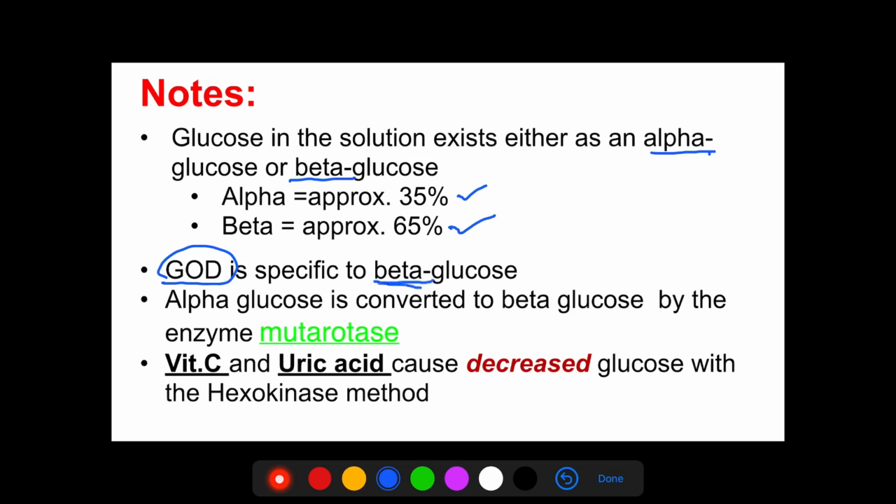Another one, alpha glucose is converted to beta glucose by an enzyme known as mutarotase. And for the hexokinase method, we just have to avoid vitamin C or uric acid, especially if the patient has high uric acid, as that will cause decreased glucose concentration if we are using the hexokinase method.